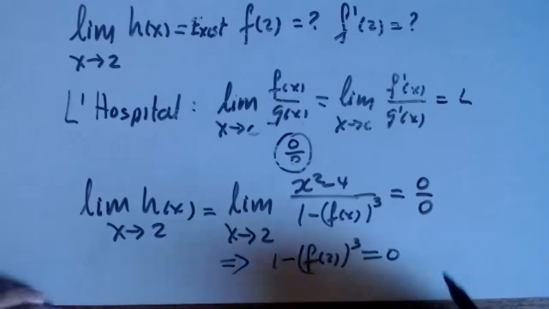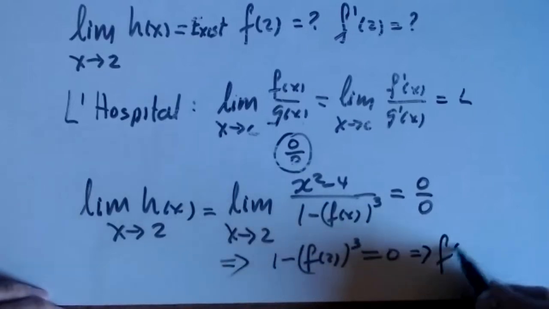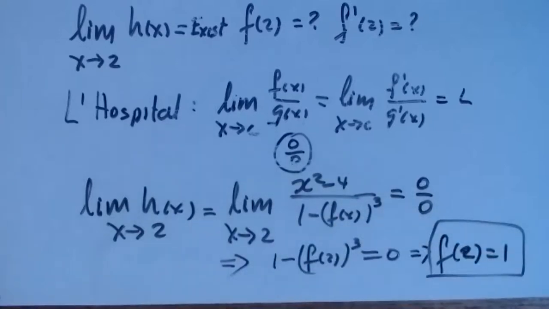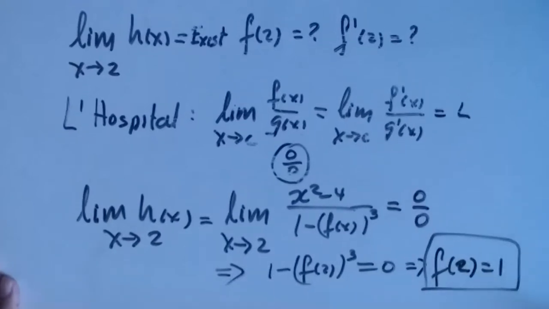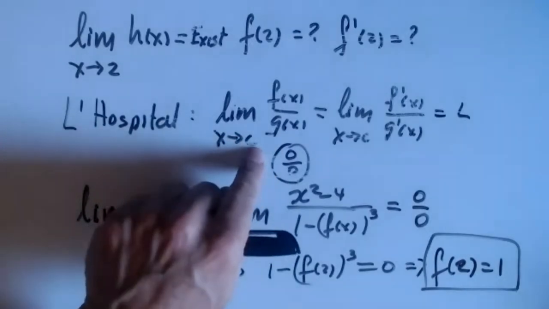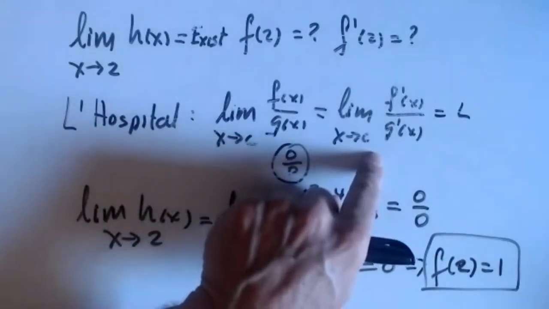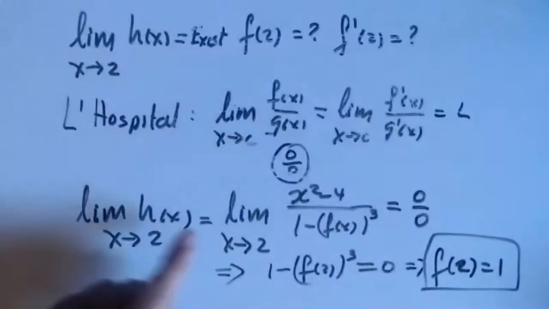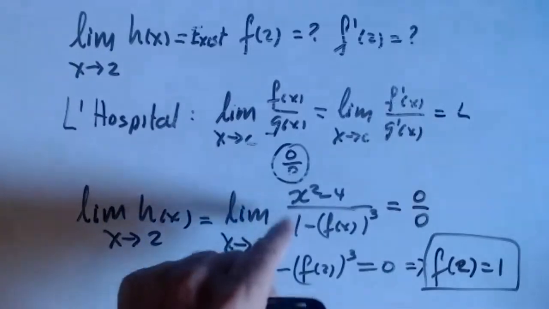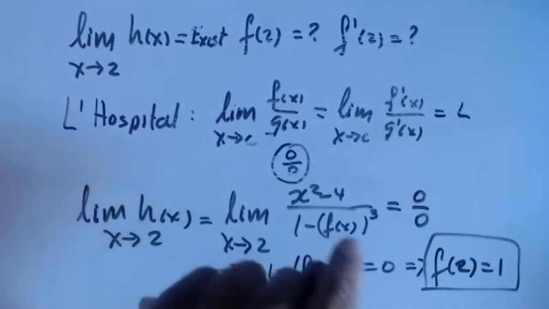You solve this and f of 2 has to be 1, correct? Remember the limit exists by L'Hopital. L'Hopital removes a 0 over 0 with the derivatives. But to be 0 over 0, this has to be 0 and this has to be 0. So I don't have to go to the derivatives. Simply, I have to what?